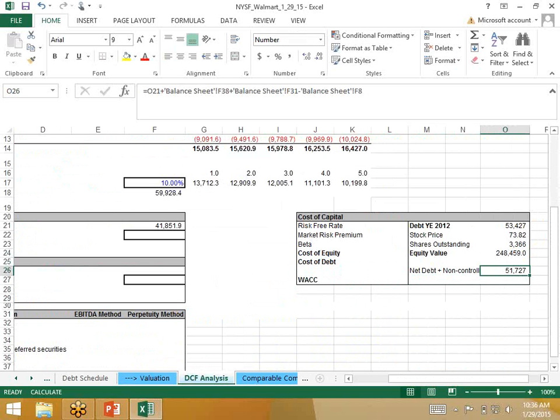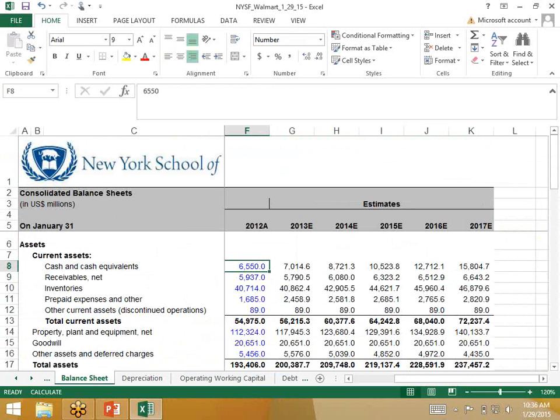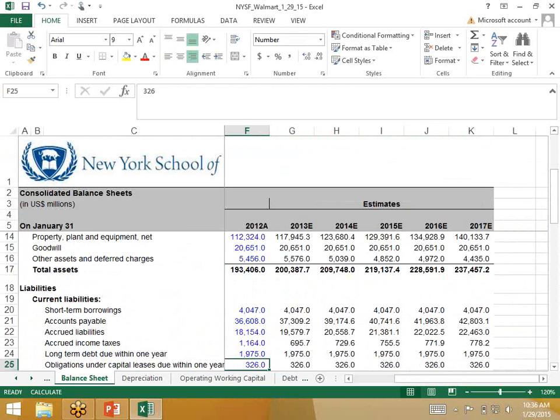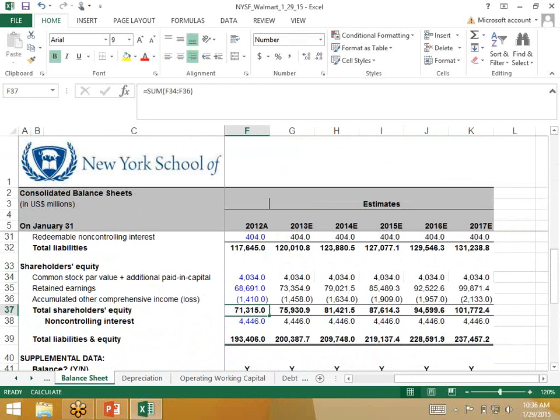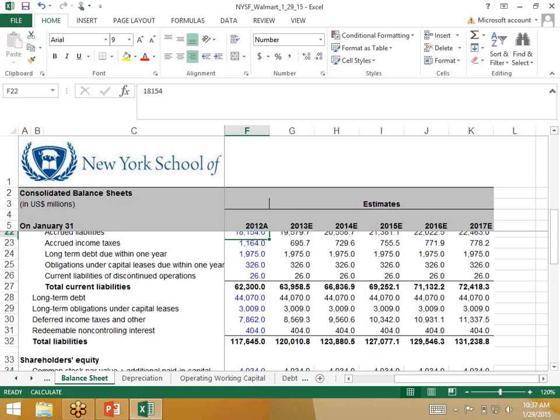I see the balance sheet. And I took everything from 2012. You have the total debt? That was 5,347. I took that, I added non-controlling interest and the redeemable non-controlling interest. So minus cash.